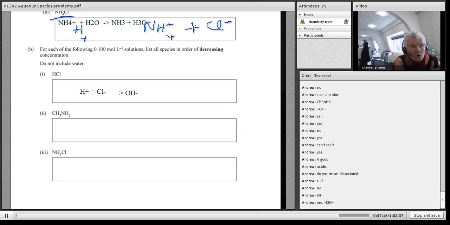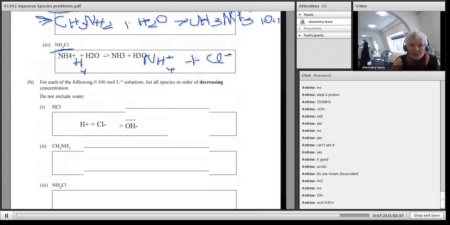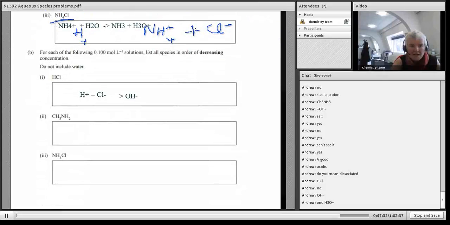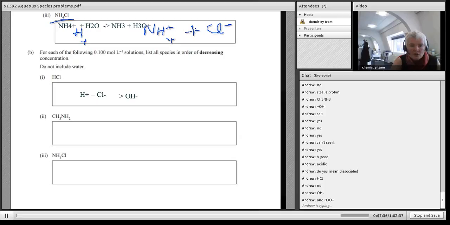Okay. What about the CH3NH2? Remember what we had, the methylamine, or methanamine if you want the organic name.